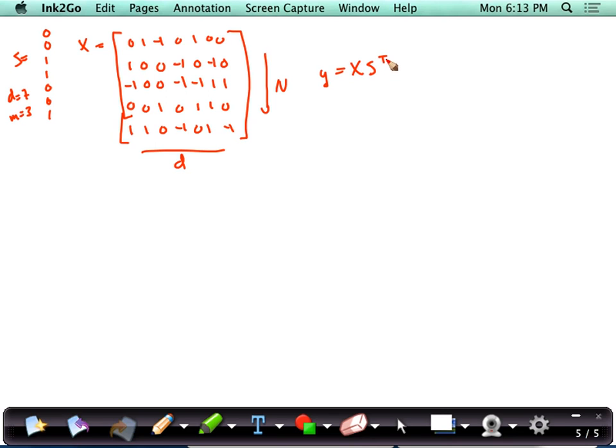Oh no, this is s transpose. Wait, no, this is just s here. This is x times s. Then the output y is going to be -1, -1, 0, 1, -2.